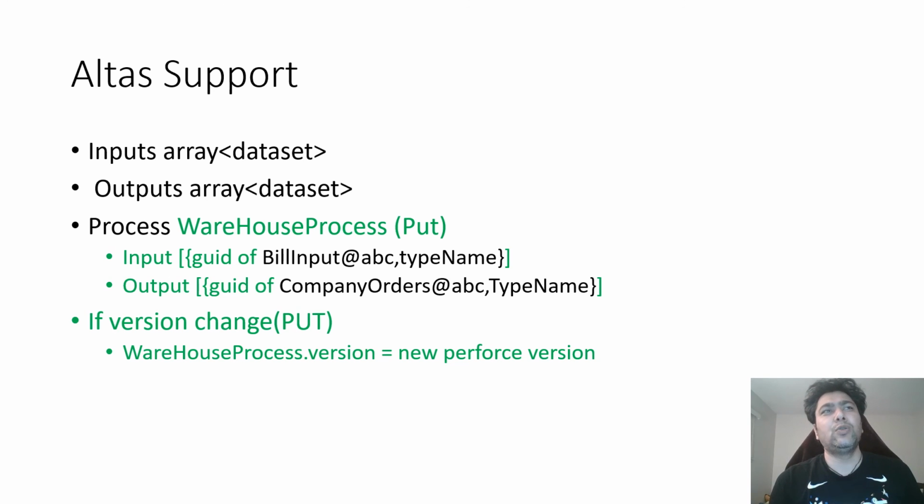Then we can issue a put statement where input will be the GUID of the bill input data set that we created. This is the syntax in a dictionary, where we give the GUID, then give the type name, and then we can associate a process, like what was the output of that process. That was the company order entity that was created. So we can put the output array as that new data set that was created.